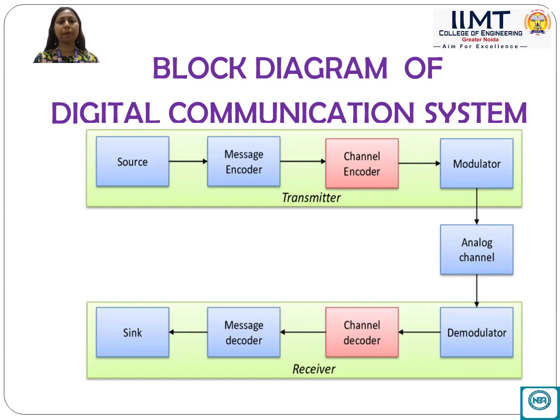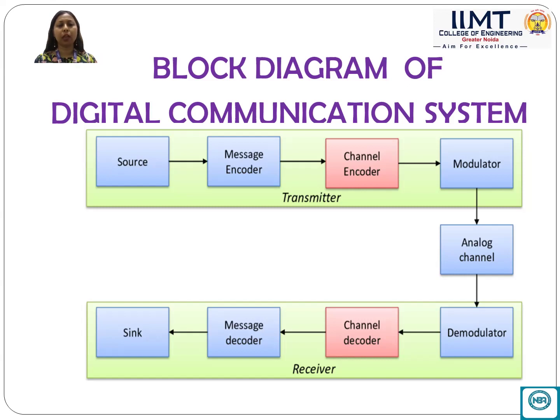After that, the message encoder will read the signal and we have to convert it into 0 or 1. As we know, our binary signal is in 0 and 1. That means 0 is a signal having a level below the threshold value, and 1 means the level is greater than our threshold value.